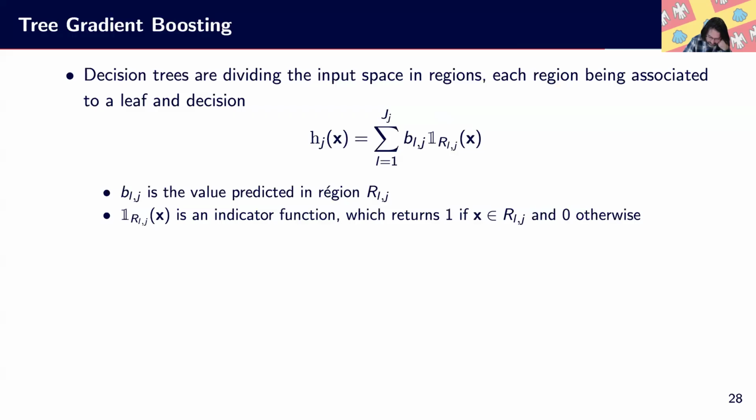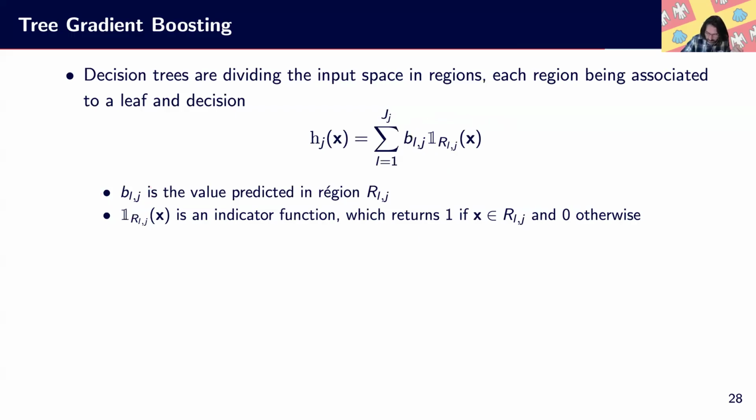And this is coming from the activation function, so the indicator function. This indicator function returns 1 if X is in the region and 0 otherwise. And as we are in that region, if we go down to a leaf and we see, yes, this is the leaf that corresponds to the input sample, then we assign the sample to the value BLJ.